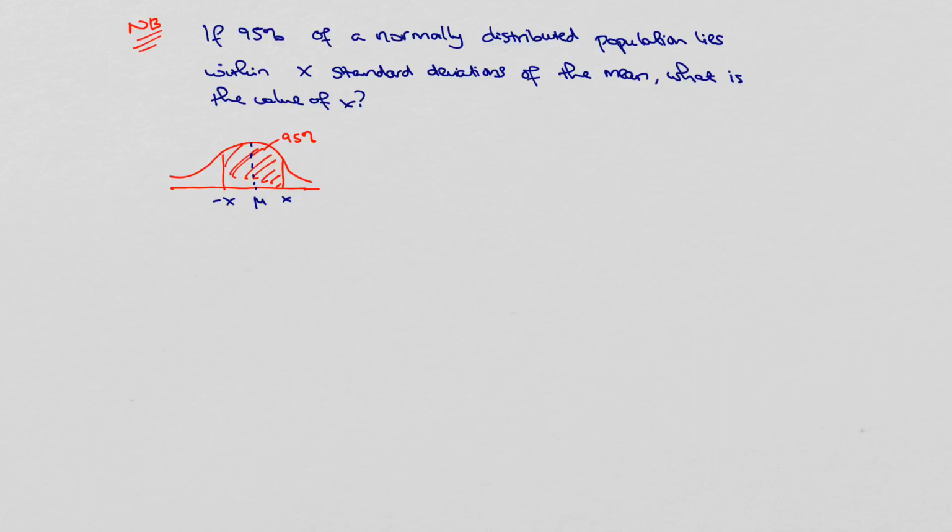So this would be the mean plus X and the mean minus X, and we want to know what is the value of X. Now, if we work this out, we have the probability that minus X is less than Z, which is less than X, equals 95%, which is 0.95.